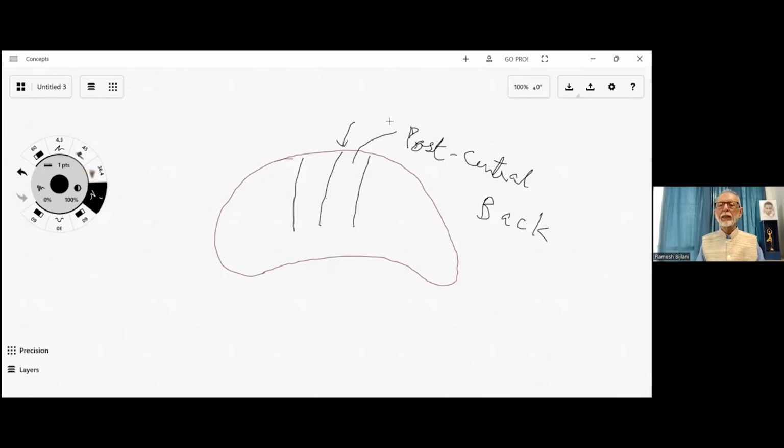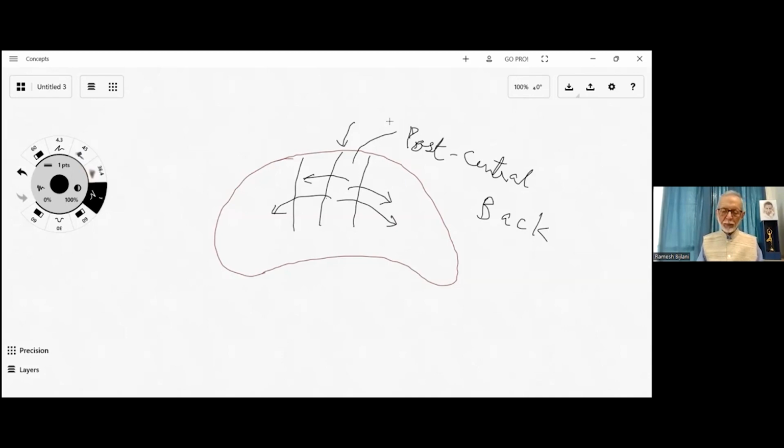And therefore, what happens is that from here, it then spreads to surrounding areas. And these surrounding areas are called the association areas. Now, what happens in these association areas is that this stimulus then gets related to our past experience, our past memory, and so on. And that leads to a proper interpretation of the sensory stimulus.